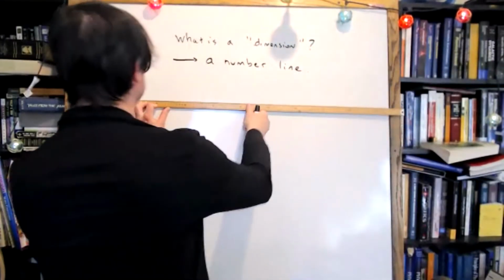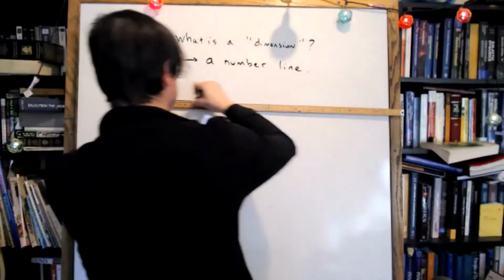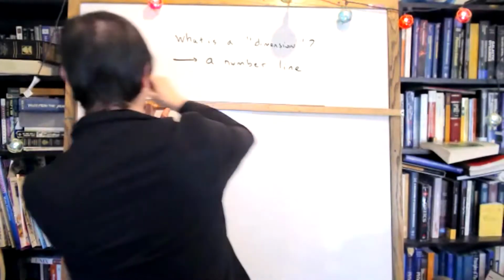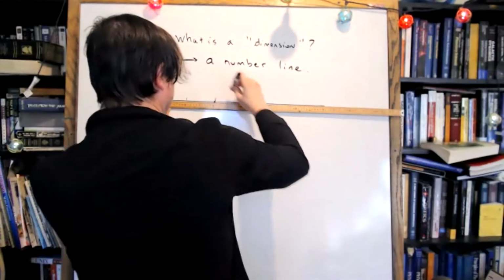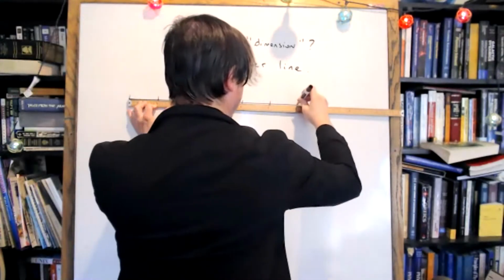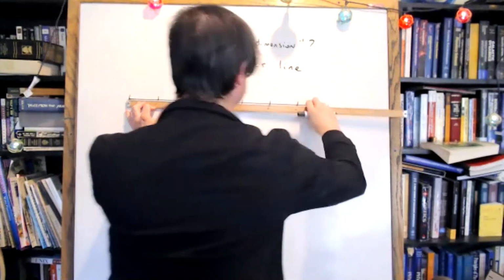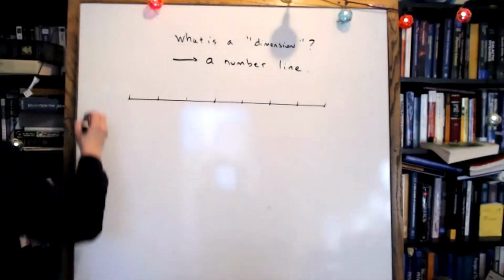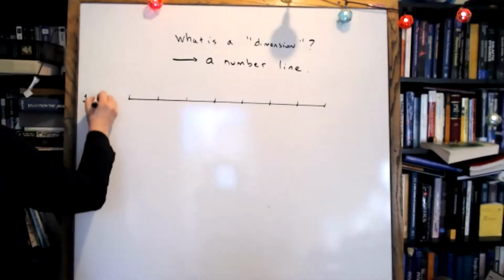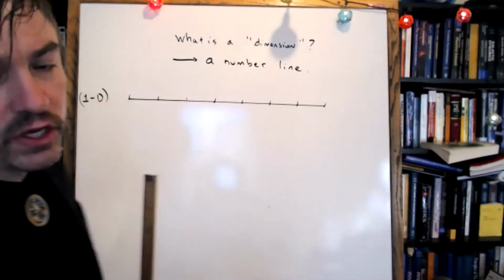So a one-dimensional construction is a number line. And here, I'm going to mark off tick marks at every 10 centimeters. So I've just created a number line, okay? A number line is a 1D construction.